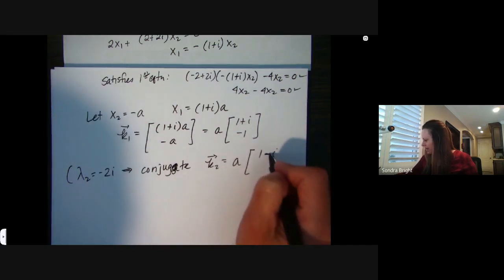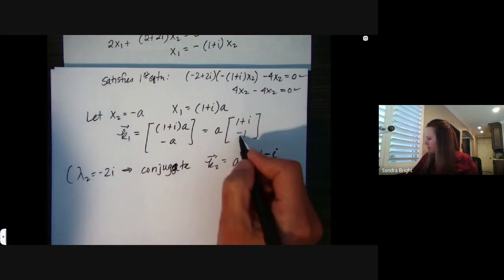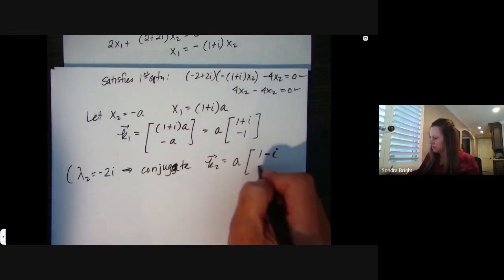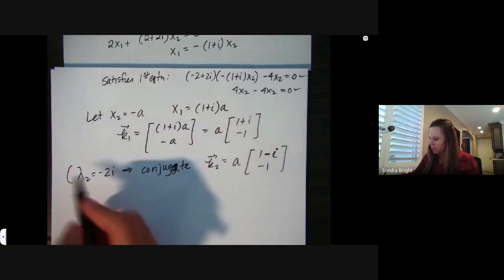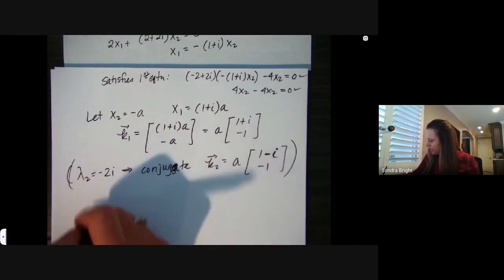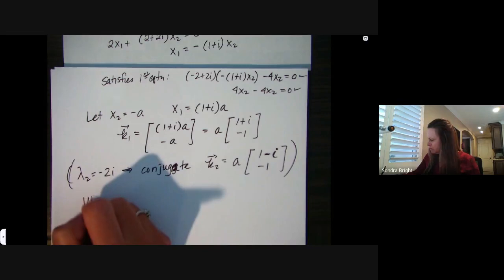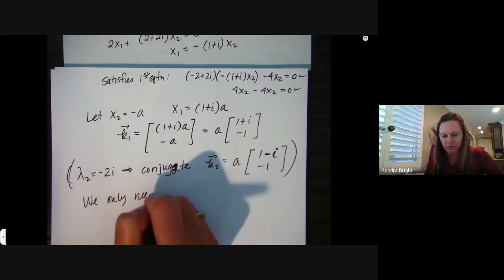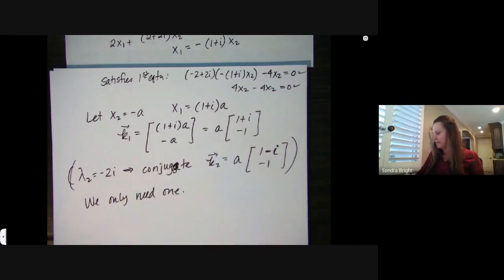Conjugate would be 1 minus i. This is negative 1 plus 0i, so its conjugate is just 0, 1. But we only need one of them. We didn't need both when it came to the complex solutions.